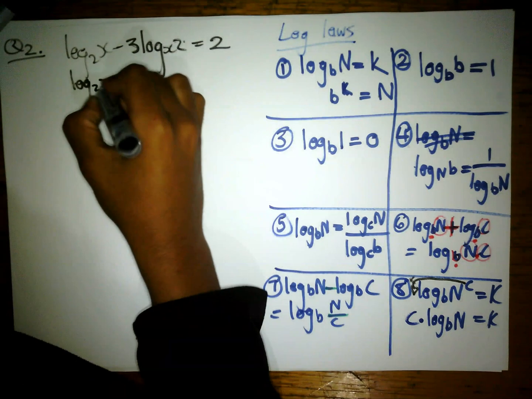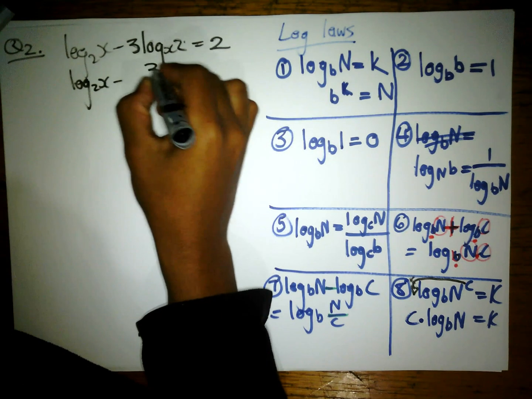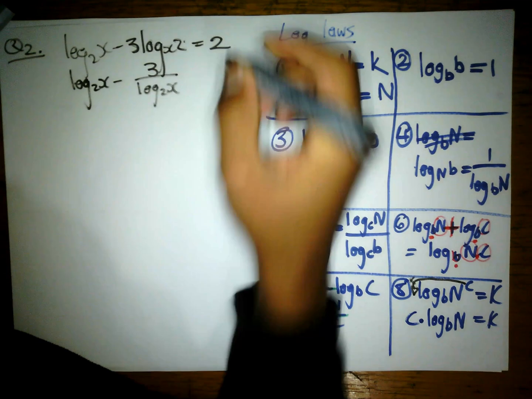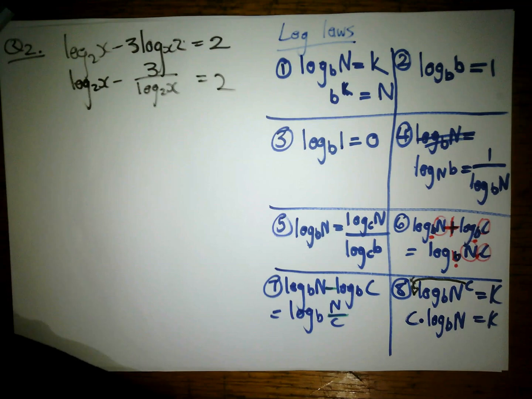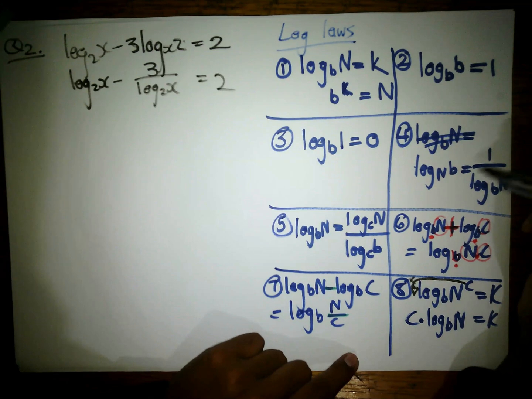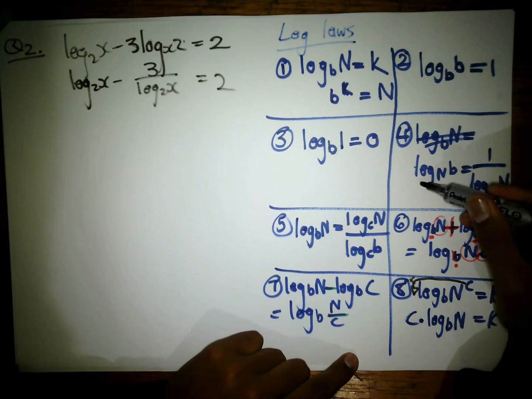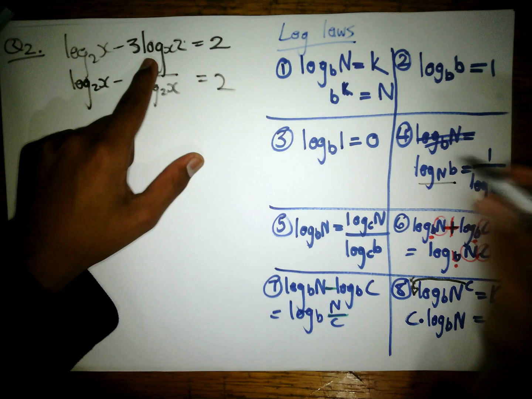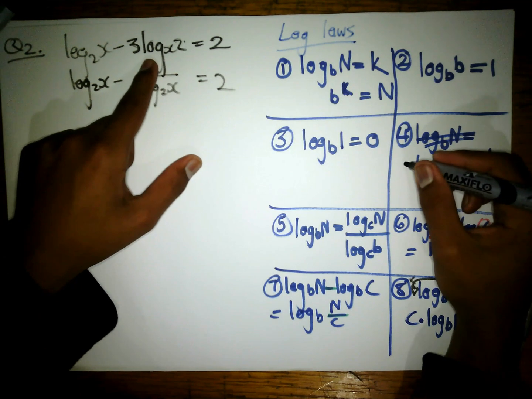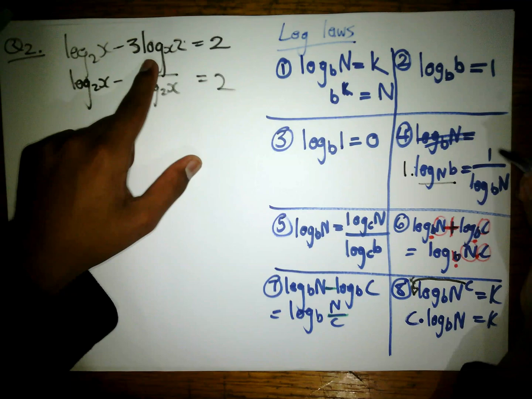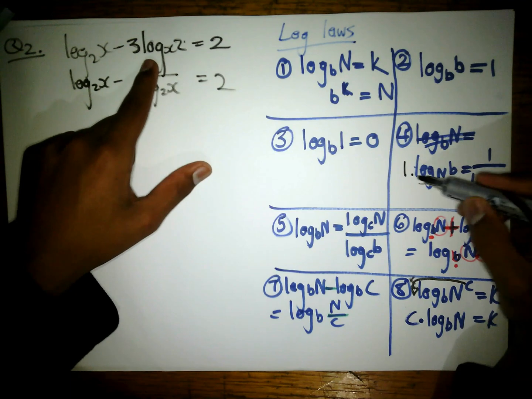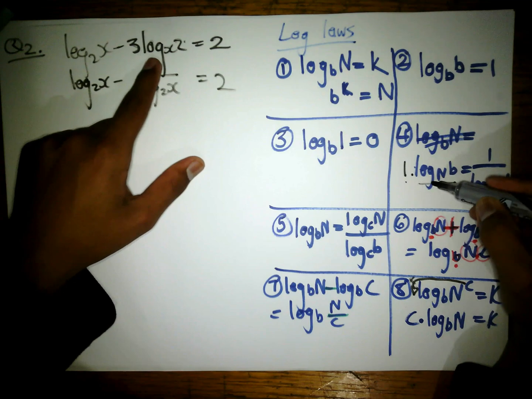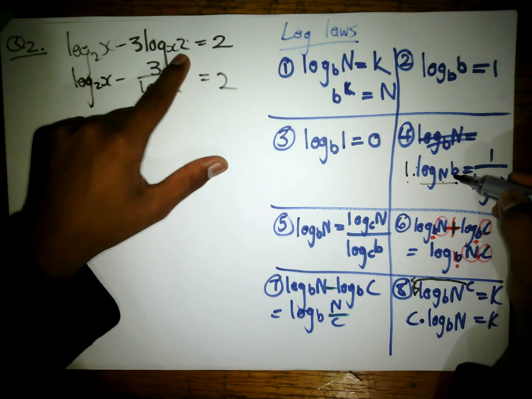Log 2x minus 3 over log 2x equal to, you see, log n b, there's actually, let's say there's actually a 1 in front, right? But we have a 3 there, so it's 1 log x to 2.